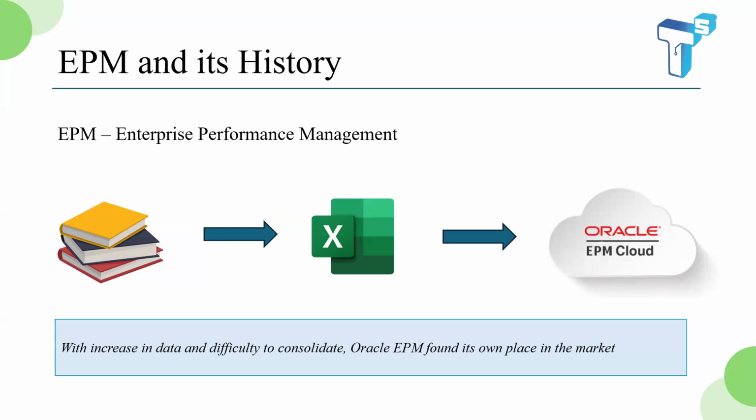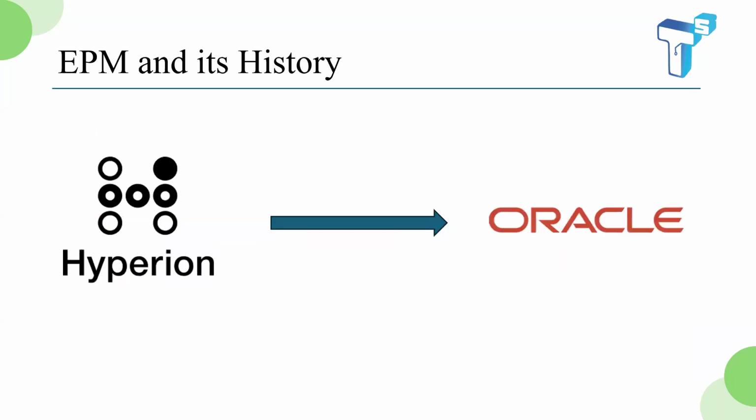So first, did Oracle provide the EPM application? No, Oracle acquired it. Just like how we go and buy a toy or a laptop from Lenovo or Dell, from Reliance Digital, from Bajaj Electronics, in a similar fashion, Oracle did not develop this entire software right from scratch.